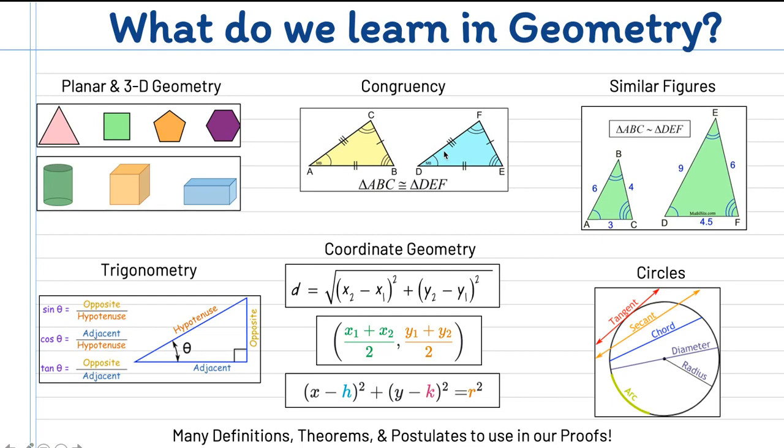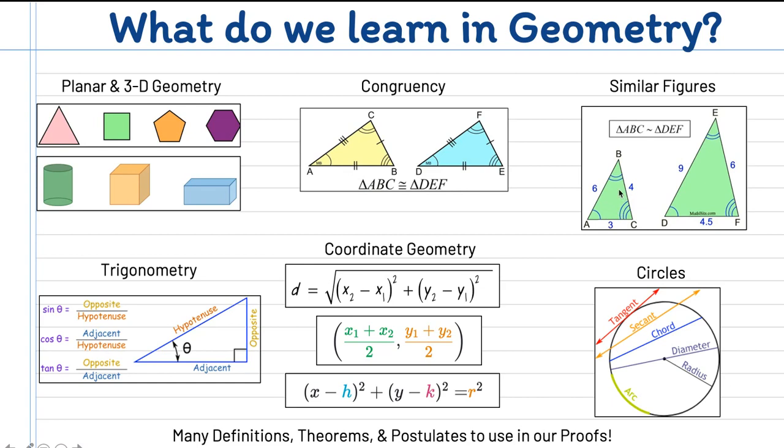Many of our proofs that we're going to be starting in chapter 2 will focus on proving this property, especially with triangles. That's something we focus heavy on in geometry.